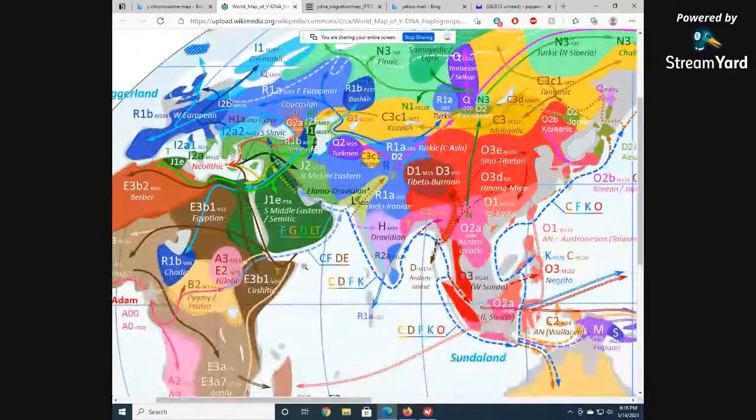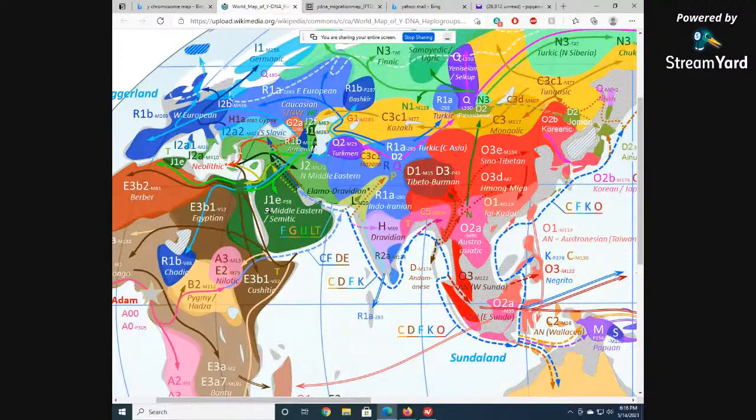The J1 would be probably the Arabic, right? Because it's in the Arabic region. Of course, this would include all the Eberus and the Eberites and everything. And even the descendants of Aaron, I believe, are J1 as well.